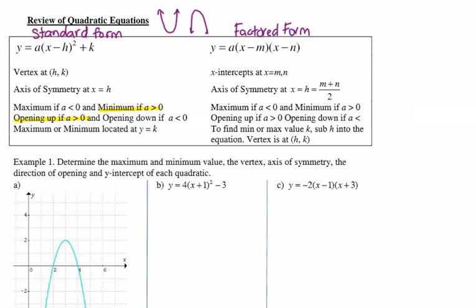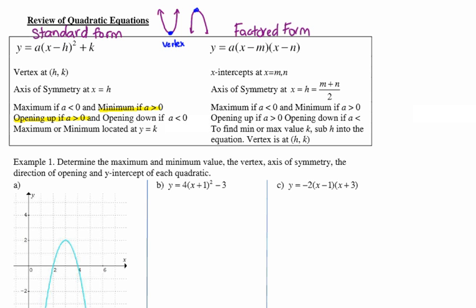Okay? Now when it's in this standard form, (h, k), be very careful of the subtraction here, gives you your vertex. So what is the vertex? What do you think is the most important part of a parabola? Yeah, like the max or the min part, right? This right here is called the vertex.